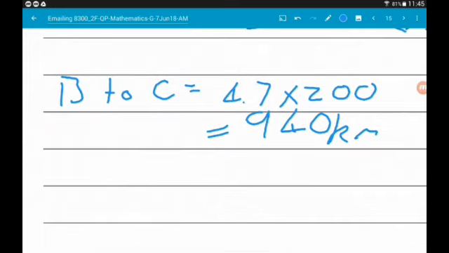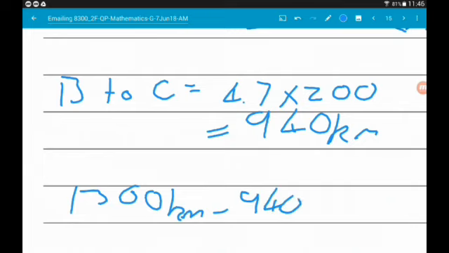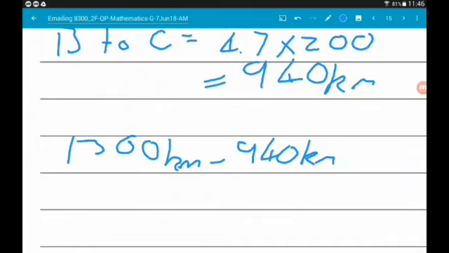So we now do 1,300 kilometres minus 940, and that is going to give us 360 kilometres.